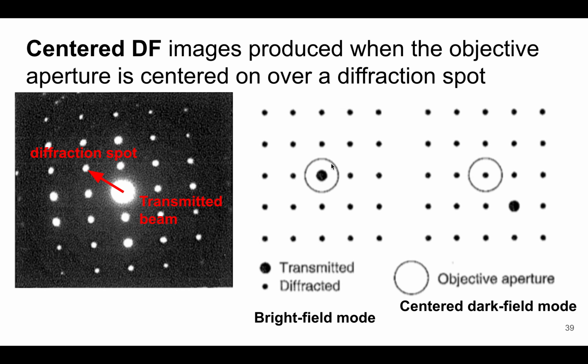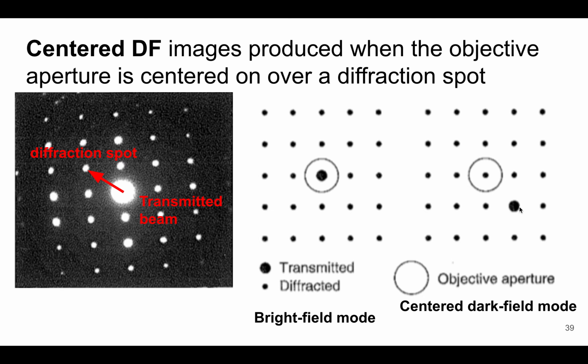And so if this is kind of our aperture, none of these diffracting spots will make it through the aperture. So what we do is we take that objective aperture and we align it on one of these diffraction spots. So we move the setup such that the objective aperture that you see here is instead on one of these spots. And so that's the orientation you see here.